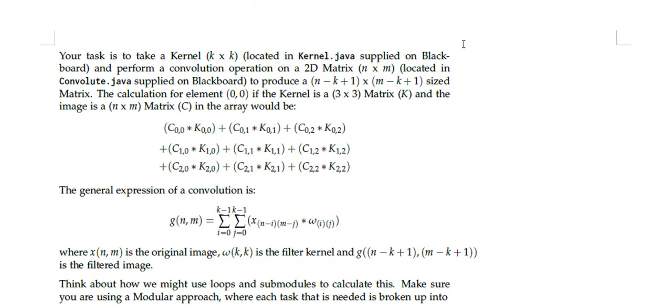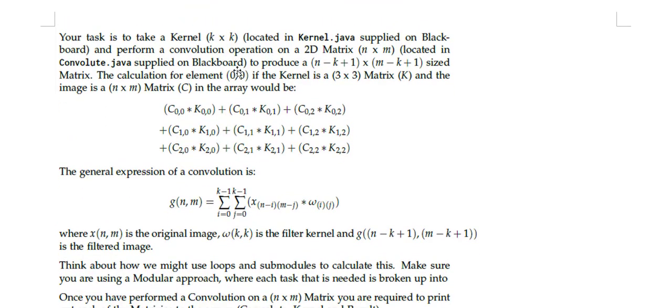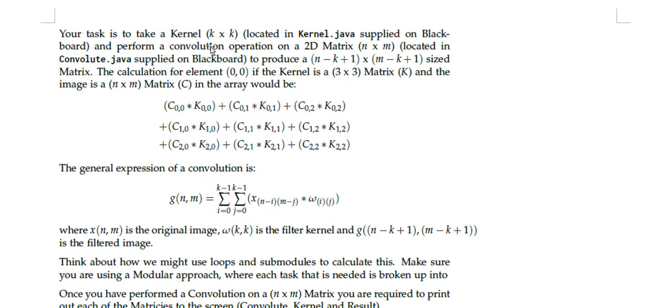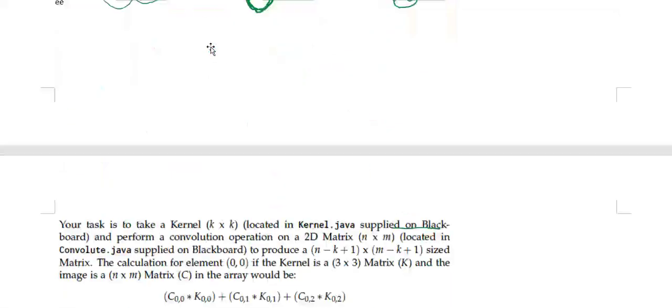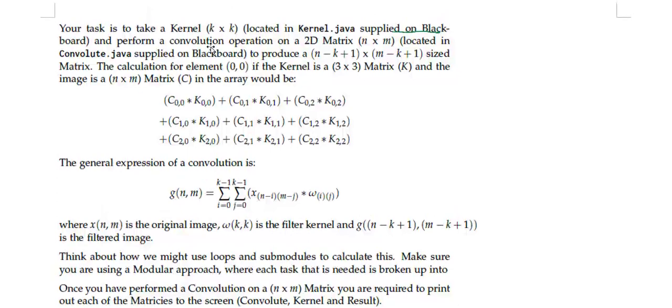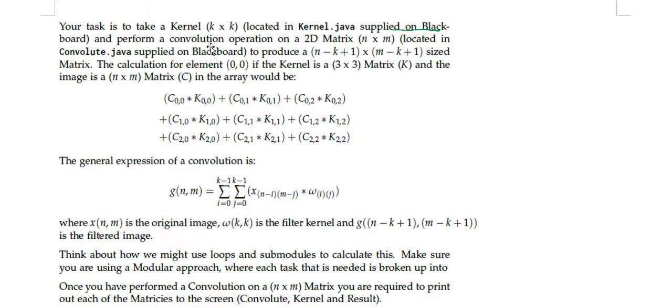Let's further look at the formula. Your task is to take a kernel of size k times k, located in Kernel.java supplied on the Blackboard. So you need to log into your OSIS and download the document, and perform a convolution operation on a 2D matrix of n times m.